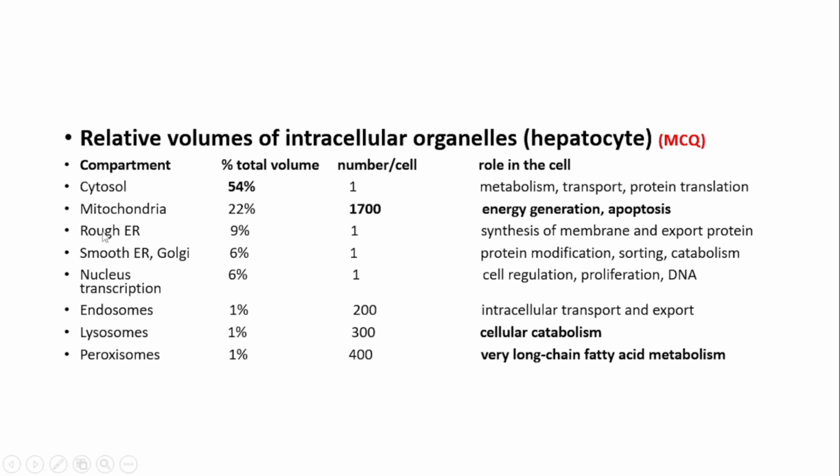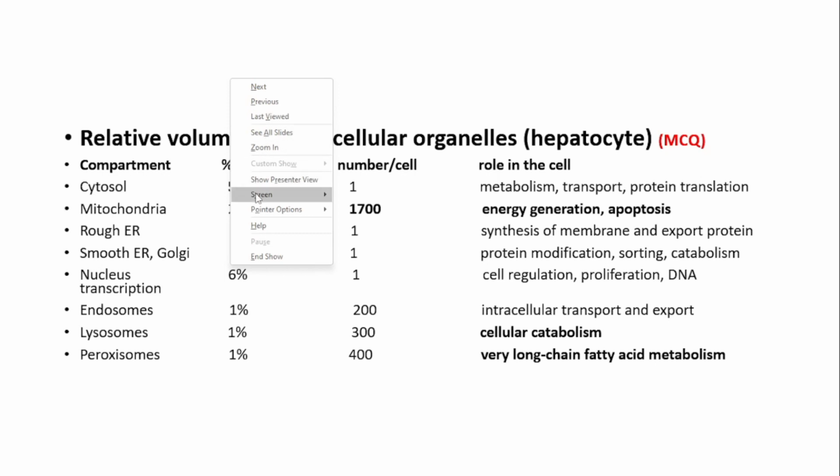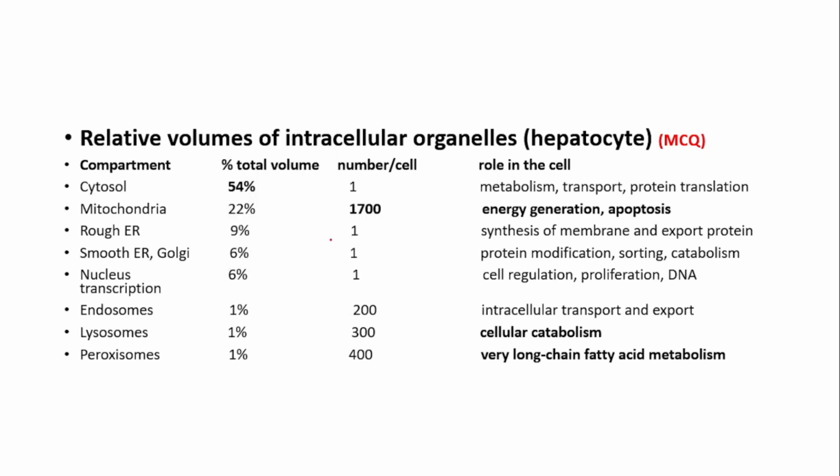Rough endoplasmic reticulum helps in synthesis of membrane and protein export. And smooth endoplasmic reticulum helps in protein modifications and catabolism of protein. Nucleus, as we know, helps in cell regulation, cell proliferation and DNA synthesis.